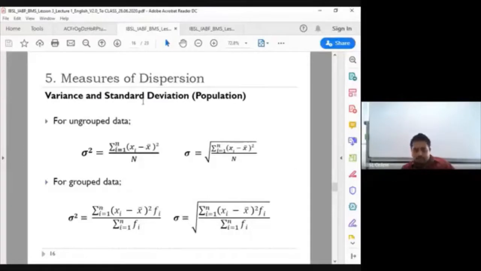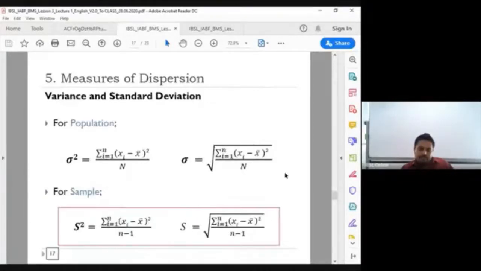So basically, the variance and the standard deviation are pretty much the same, except that the standard deviation will always give the value in the same plane in which the data lies, while the variance will be defined in a different plane or phase. You don't have to worry much about that.